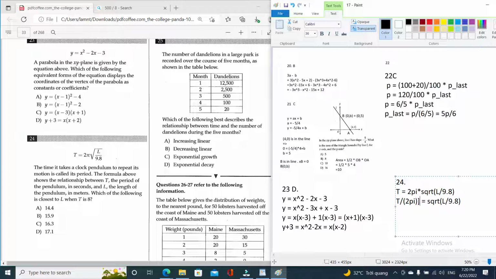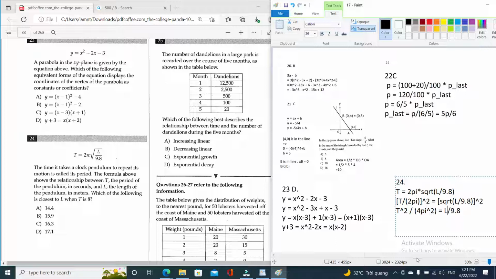So we're going to square both sides. This is T squared over 4 pi squared equal to L over 9.8, since squaring gets rid of the square root.